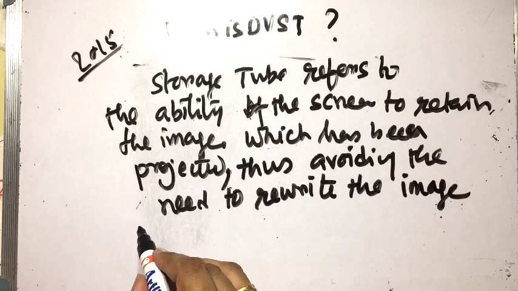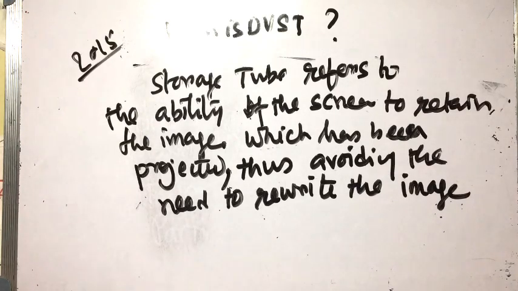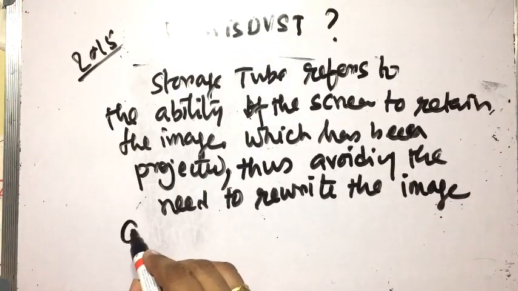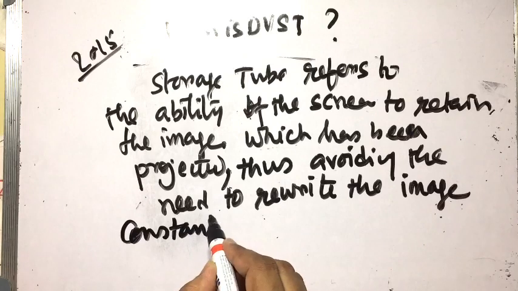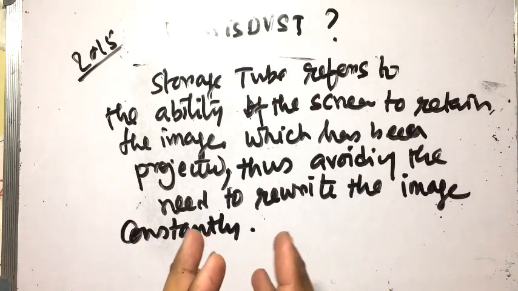So there is a storage capacity, and we avoid rewriting the image again and again. This is the concept of the direct view storage tube.